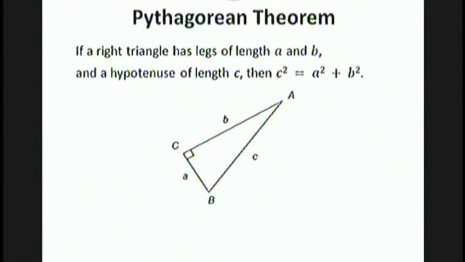In many trigonometry problems, the Pythagorean theorem may need to be used at some point. Recall that if a right triangle has legs of length A and B and hypotenuse of length C, then C squared is equal to A squared plus B squared.